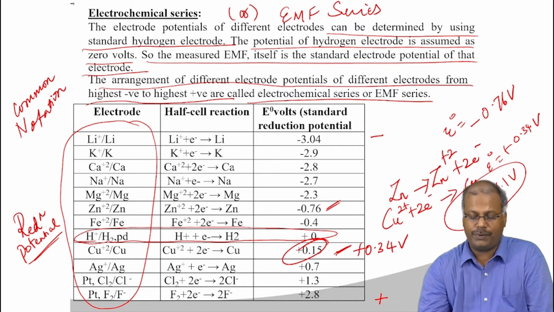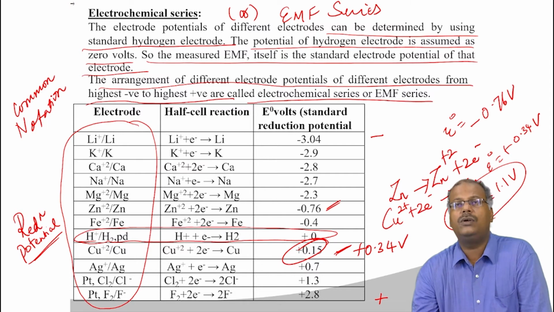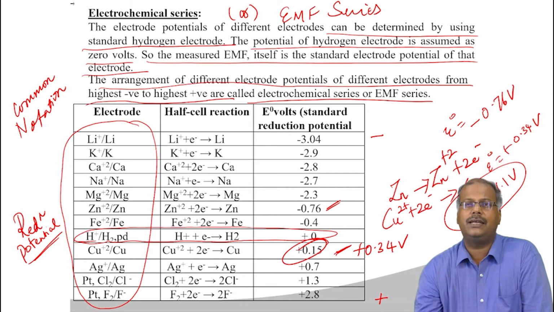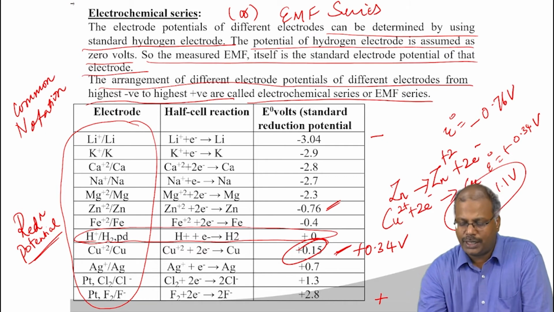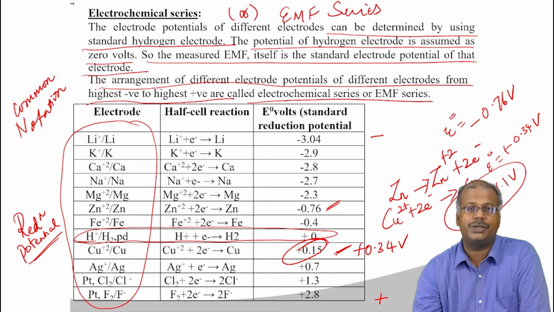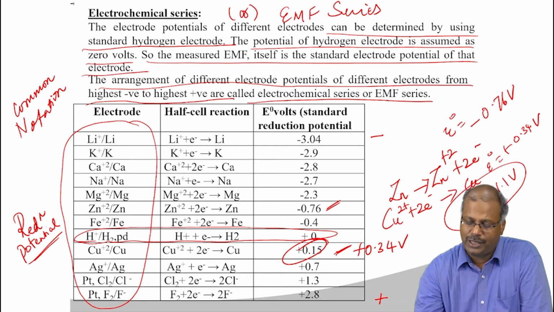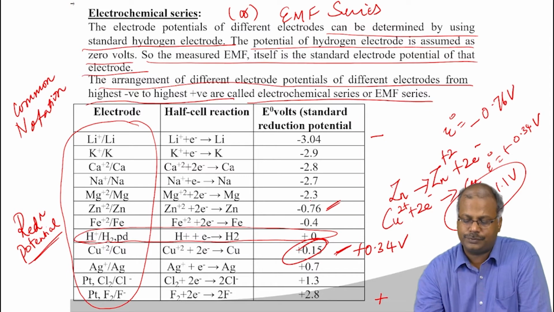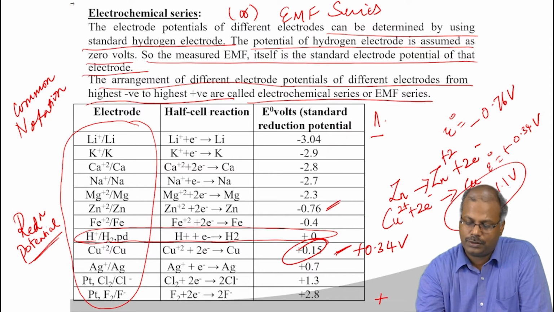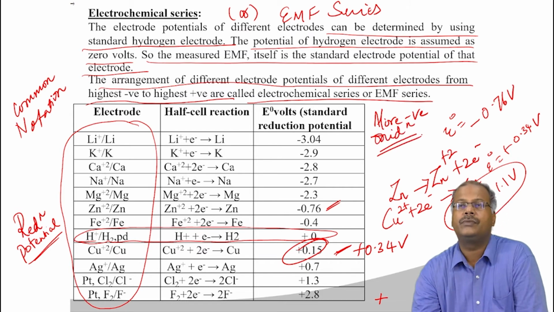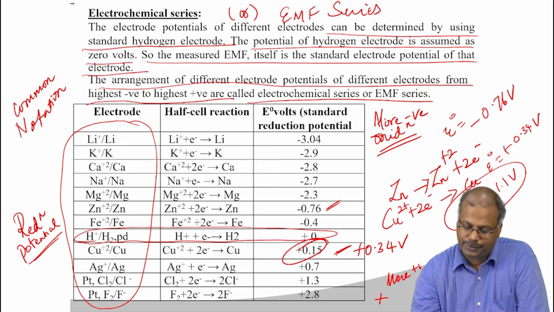From this, for any cell representation given, based on the values we can say which undergoes oxidation or reduction. The more negative the E naught value, the more easily it will undergo oxidation. The more positive, the more easily it will undergo reduction.